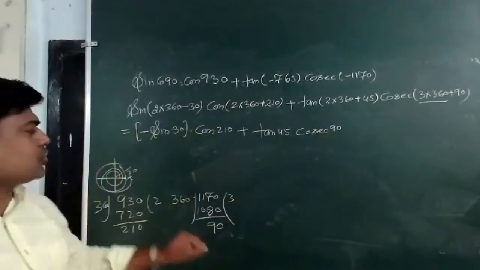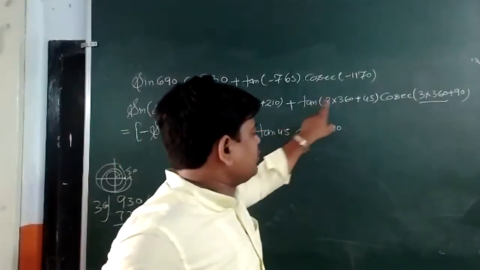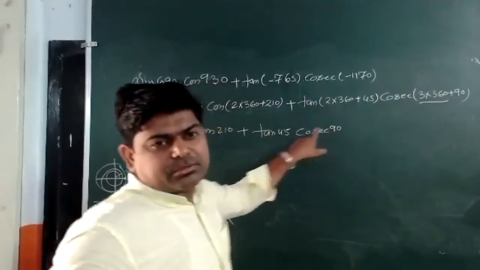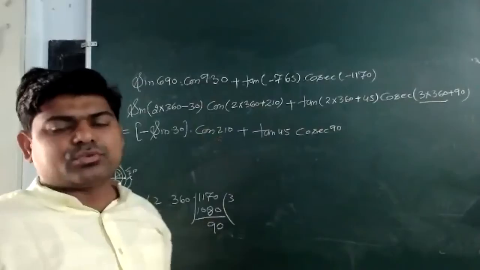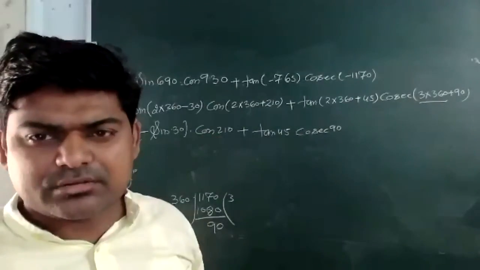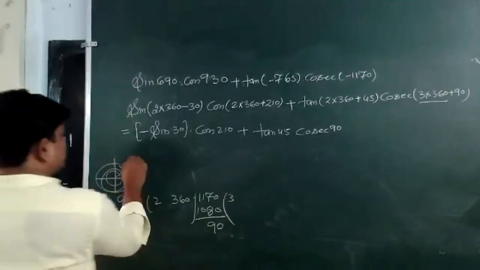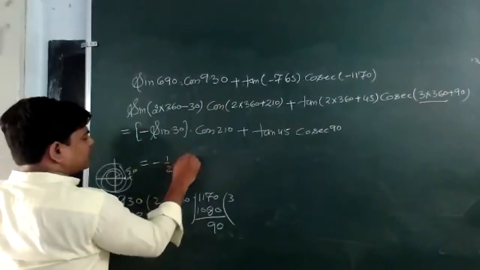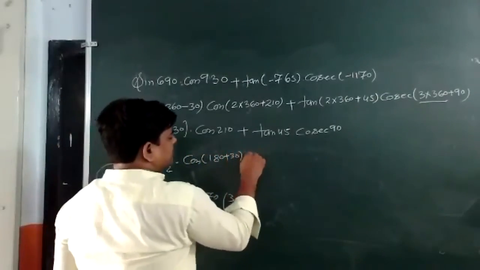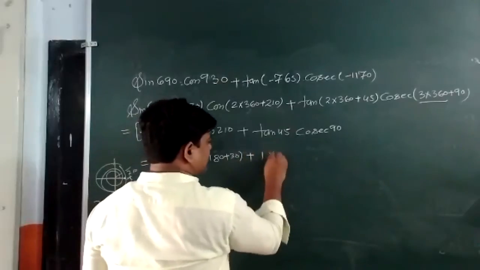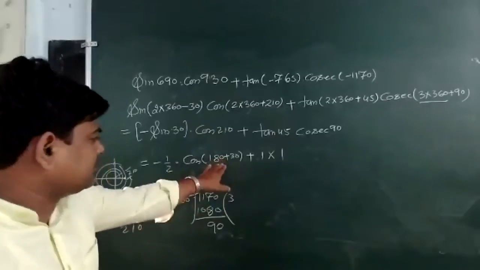In this question we know the value of sin 30, tan 45, and cosec 90. But one problem remains, 210. We can write 210 as 180 plus 30. Say yes or no. So here I write minus 1 upon 2 into cos(180 plus 30) plus the value of tan 45, which is 1, and this one is also 1. Now all values are written.